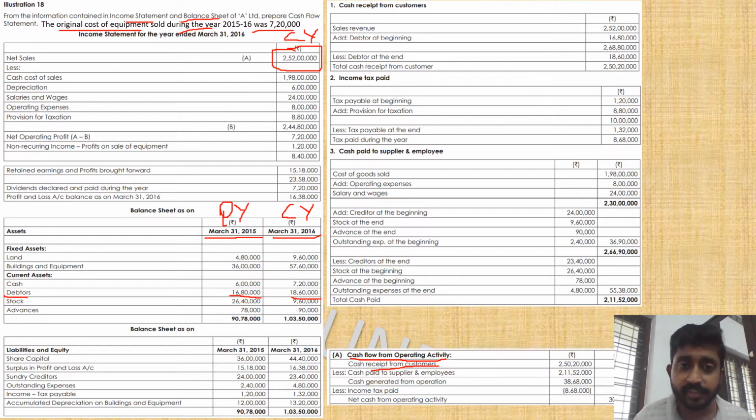So 2.52 crores is the sales, and adding the opening debtors and reducing the closing debtors, it gives the actual cash flow, 2.5 crores. So 2.5 crores is the cash received from the customer, that we have put here.